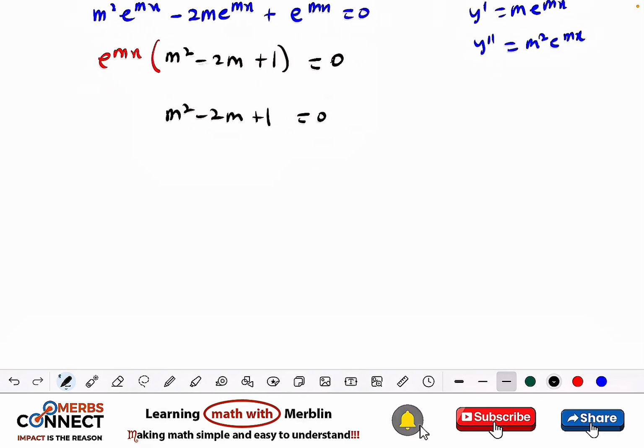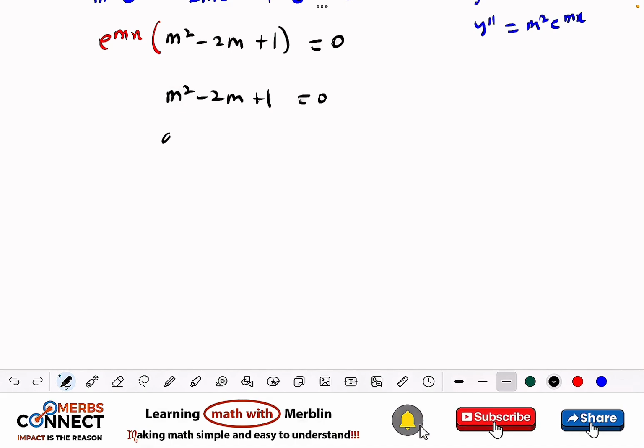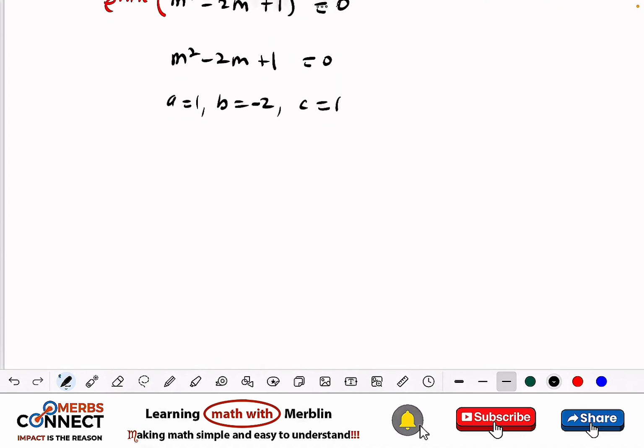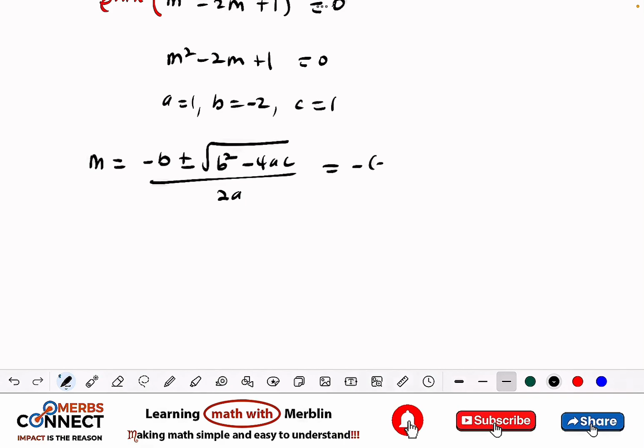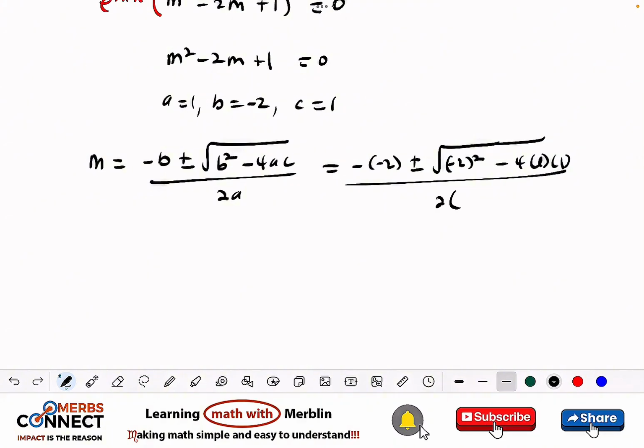So let's use the quadratic formula. a is 1, b is minus 2, and c is 1. Good. So our m will be equal to minus b plus or minus the square root of b squared minus 4ac, divided by 2a. Is that right? We know b to be minus 2, so minus minus 2, plus or minus the square root of minus 2 squared minus 4 times 1 times 1, divided by 2 times 1.